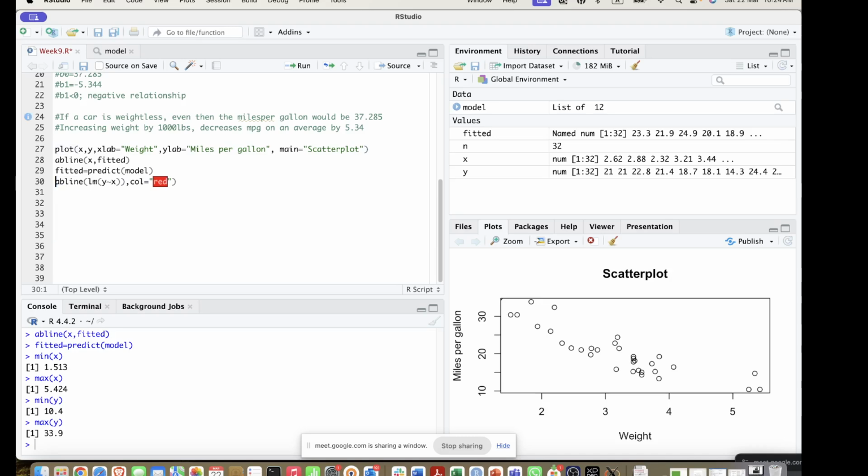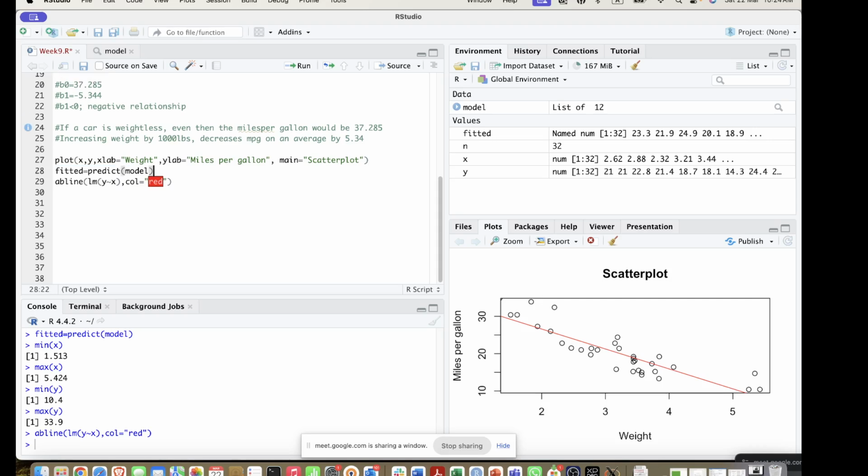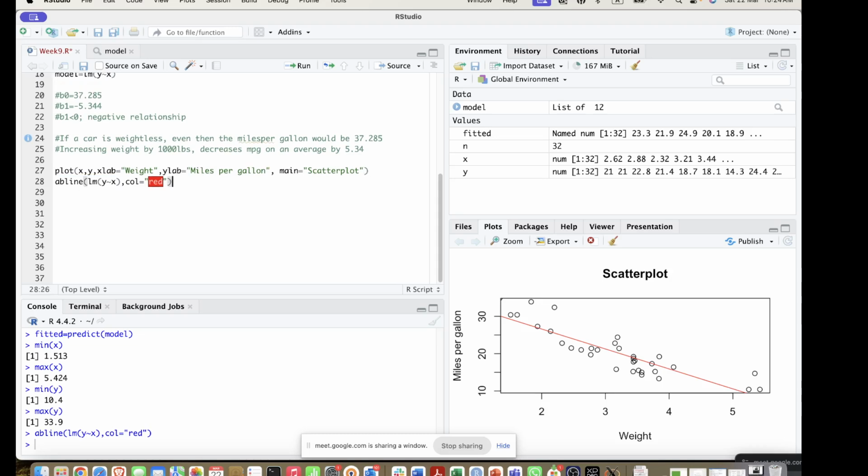Okay, I should not give plot, I should only give abline. That was my mistake, because plot requires two arguments, x and y. Okay, right. So this one, abline x and fitted, or I should only write abline model.